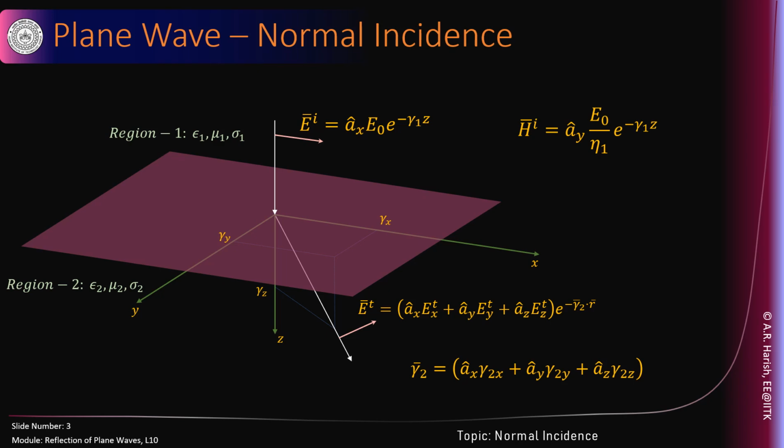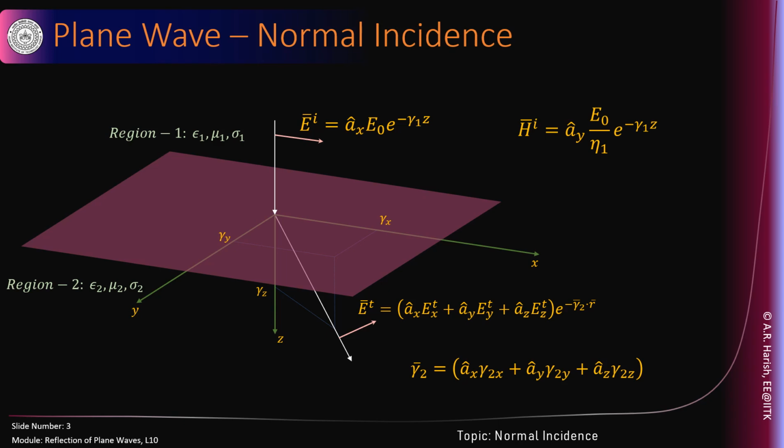Remember, the E naught, whatever is in the bracket, dot a n 2 will be equal to 0. So the coefficients must take values such that the dot product of these two quantities is 0.